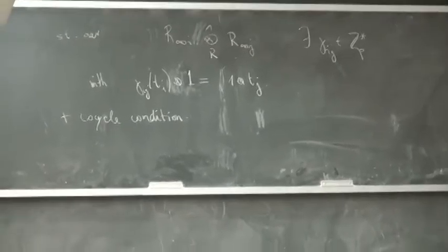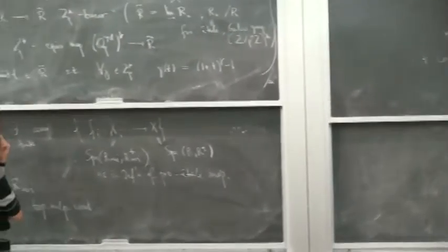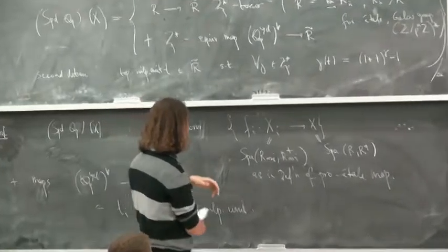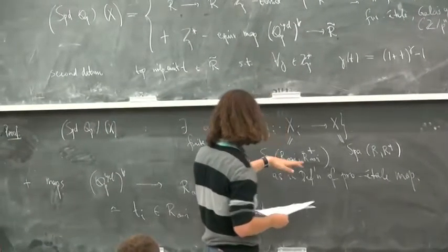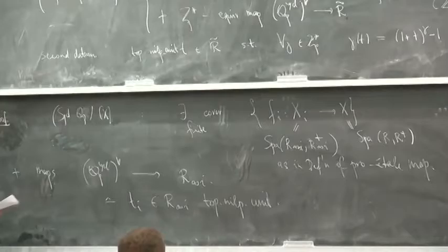If there were only one F_i, would you be in better shape? I can assume there's only one, yeah. I mean, I can just take the disjoint union. That's okay.